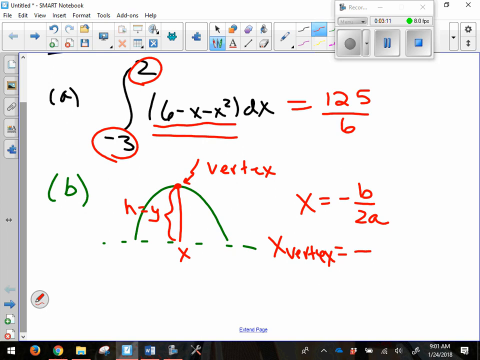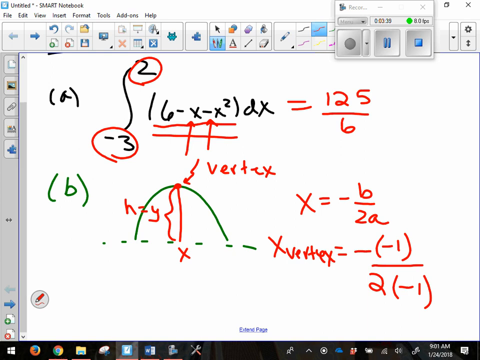What was it? Negative 1. Because remember, it's the coefficient of the x term. Over 2 times a, and what's a? Negative 1 as well, because that's the coefficient of the x squared term.